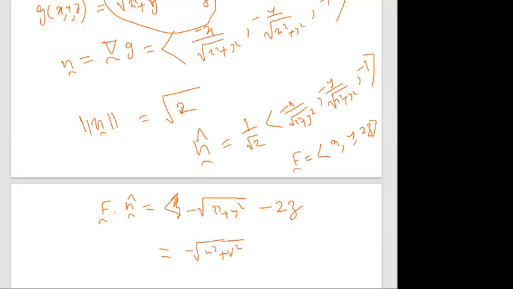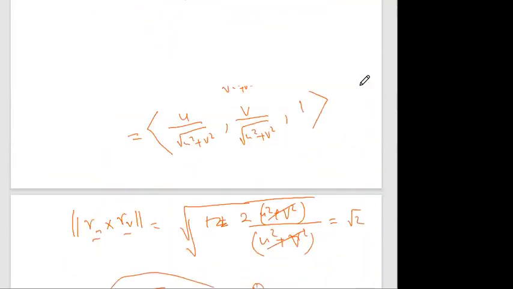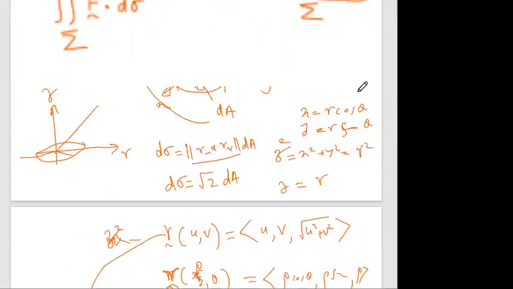x equals u, y equals v, z equals x squared, u squared plus v squared. Yeah, so negative. Am I correct here? Here I'm again -1. Is that correct? Let me check.